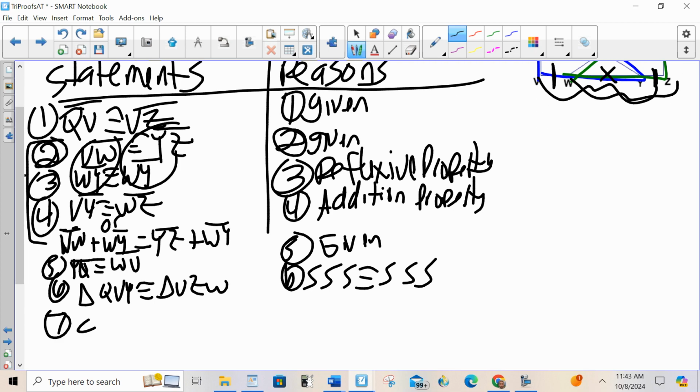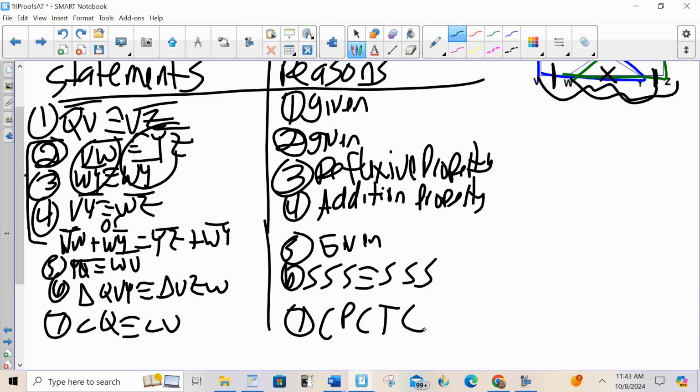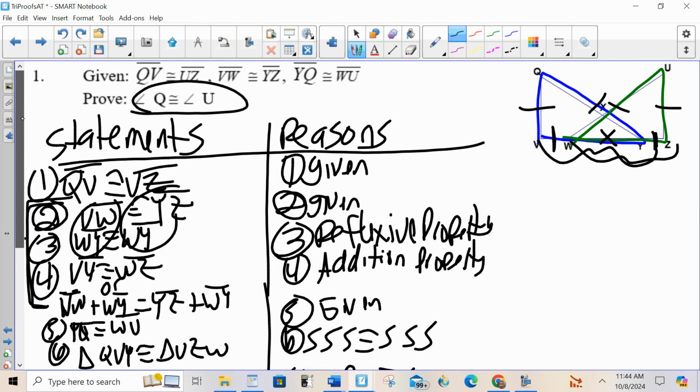Angle Q is congruent to angle U, and that is CPCTC. So it's really the basics, except now we're inserting the additional tools. In this case, addition property got inserted, and addition property, if you don't know how to do it, you got to learn the mini proofs first.